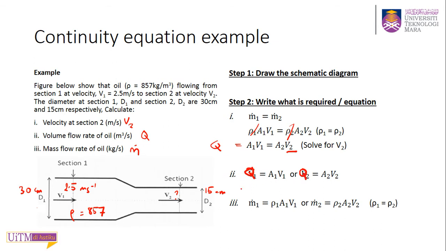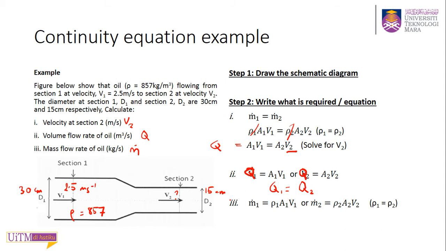To find the volume flow rate of oil, you can use either one: at point 1, you can use A1 times V1, or at point 2 you use A2 and V2, and this should be equal. It shouldn't be a different value. Q1 must be equal to Q2. So it doesn't matter whether you use point 1 or point 2, it will give you the correct answer.